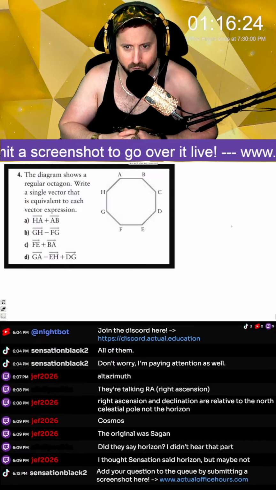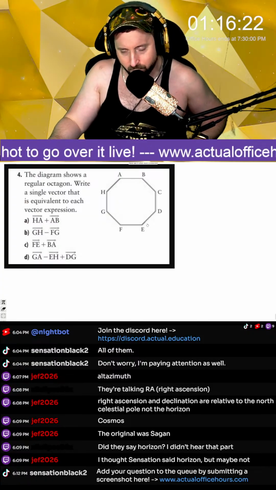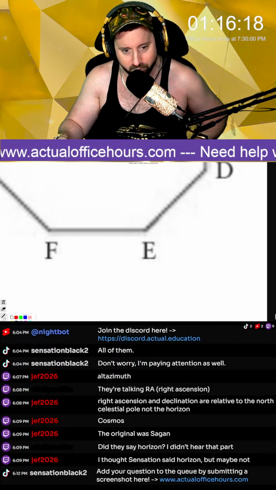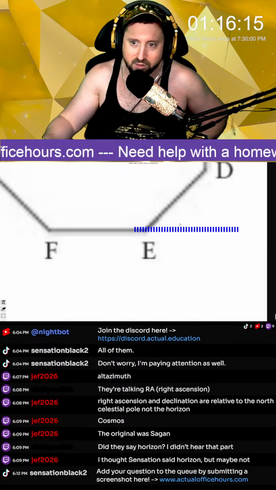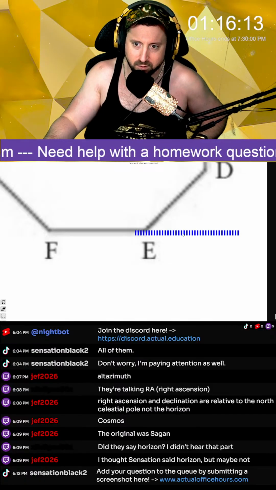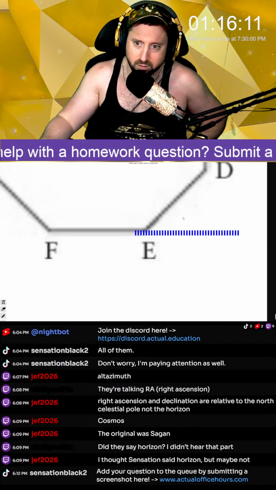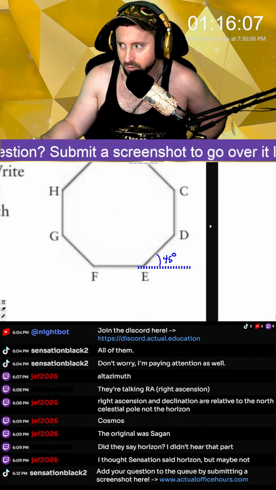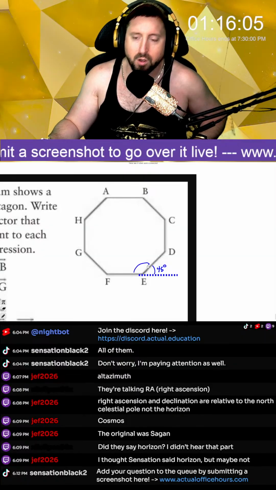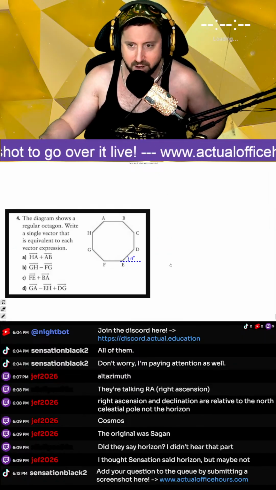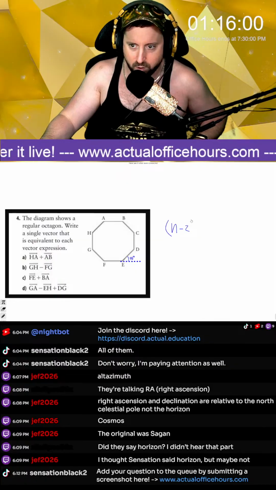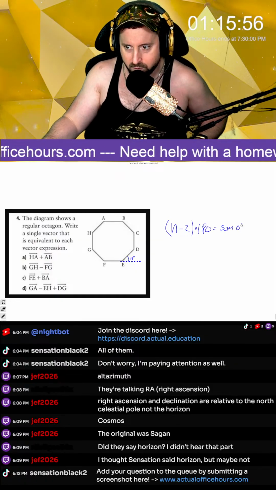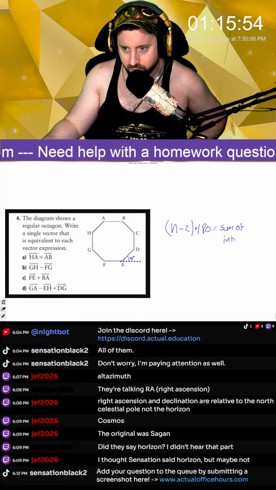So are all the interior angles 45, or not the interior? There's a name for this angle. I think it's called the exterior angle, and I'm pretty sure this right here is 45 degrees. What's the sum of all the interior angles of a polygon? The sum of the interior angles is equal to n minus 2 times 180.